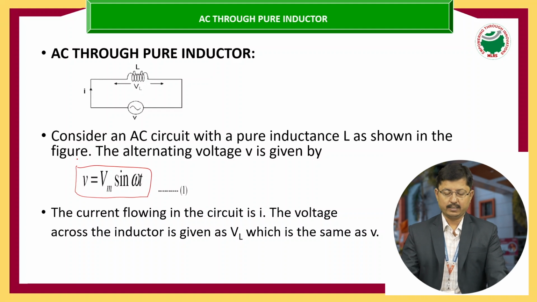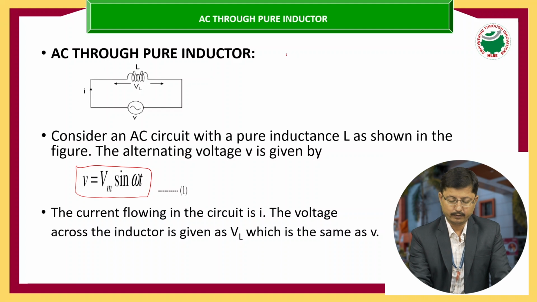In previous lectures we have discussed the standard equations for voltage and current. They are related as V equals Vm sin(omega t plus or minus phi), and I equals Im sin(omega t plus or minus phi).